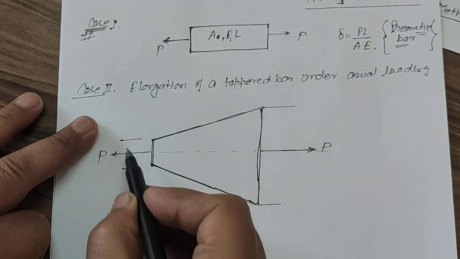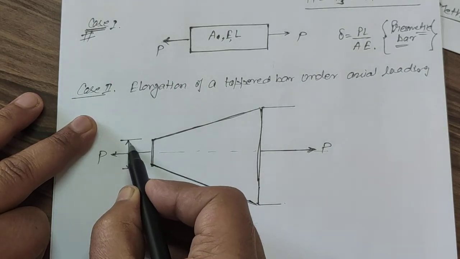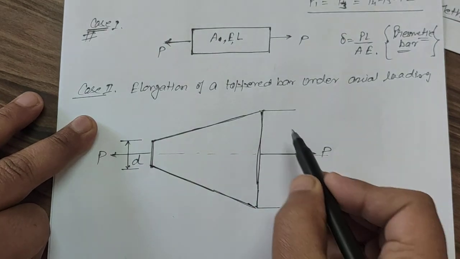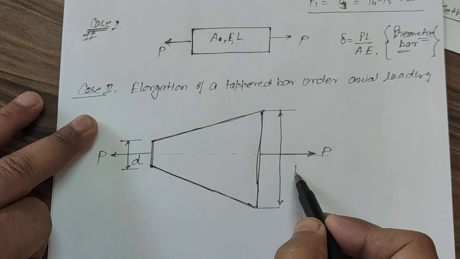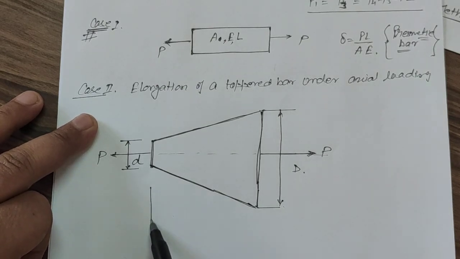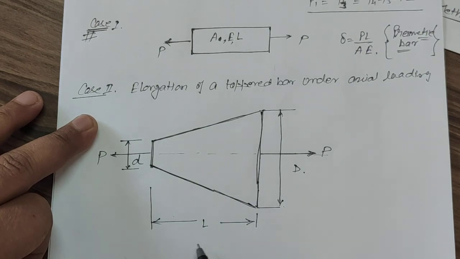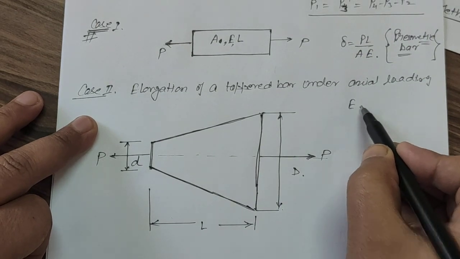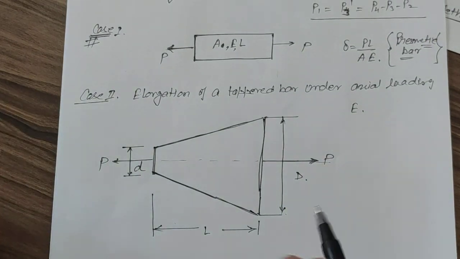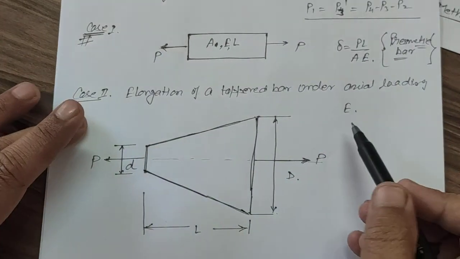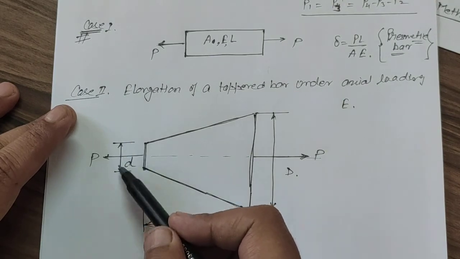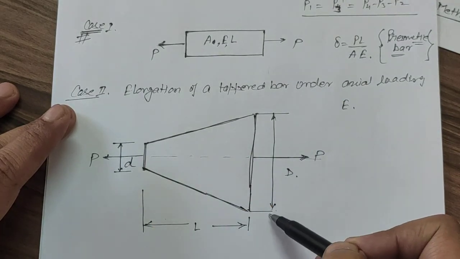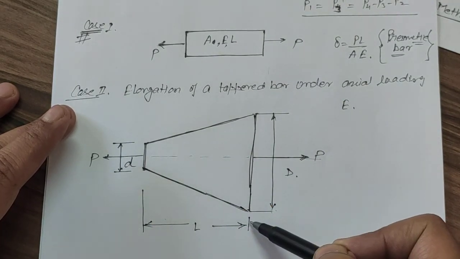The diameter of the smaller section is small d, the diameter of the larger section is capital D, the length of the member is L, and E is the Young's modulus of the material. The diameter is varying from d to D in the length L.